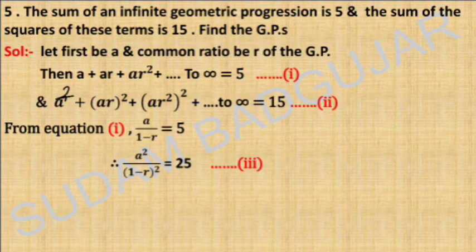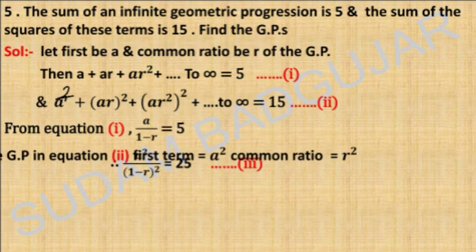Okay, now you have to find the sum to infinity of these terms, where A square is the first term and the common ratio is R square.